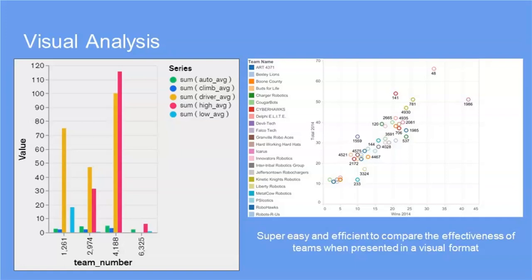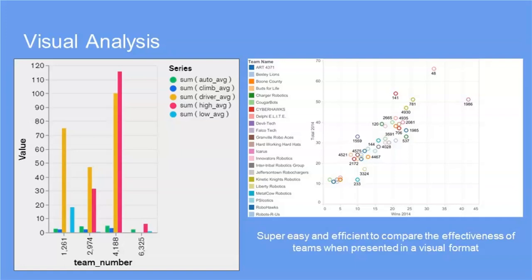You can weigh factors between teams, and it's a really easy way to figure out really quickly at an eye's glance who's who at an event. So it's an efficient way of verifying who's the best in a certain category, or who's the most consistent with a certain type of scoring.